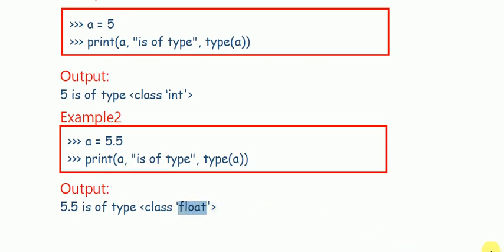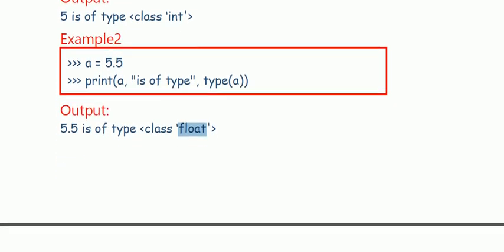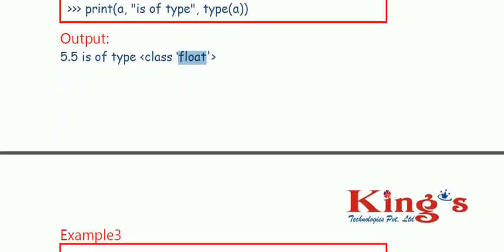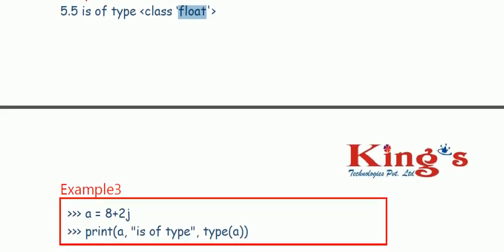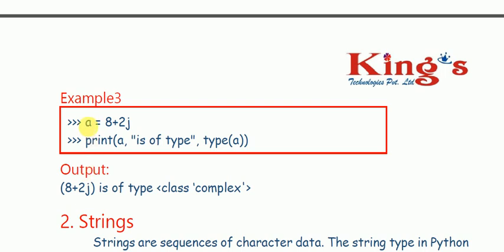And next, complex numbers. So a equal to 8 plus 2j, print the value. The type of a is complex.